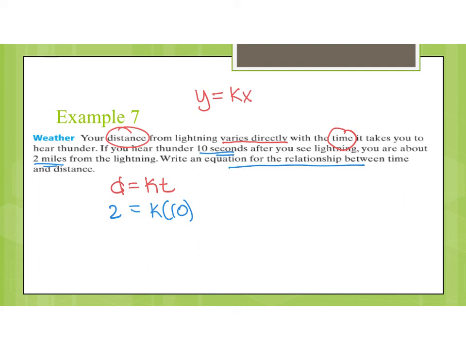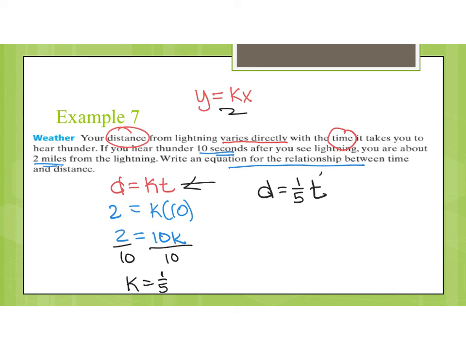So now what I have is 2 equals 10 times k, and I need to get k by itself. So I divide both sides by 10, and I get k is equal to 2/10, which is 1/5. So now that I've solved for k, the only thing I have to do is plug that in here. I have distance is equal to, we just solved k to be 1/5, times my time, and this is my final step.